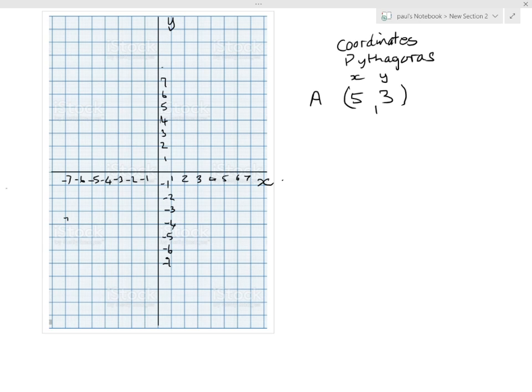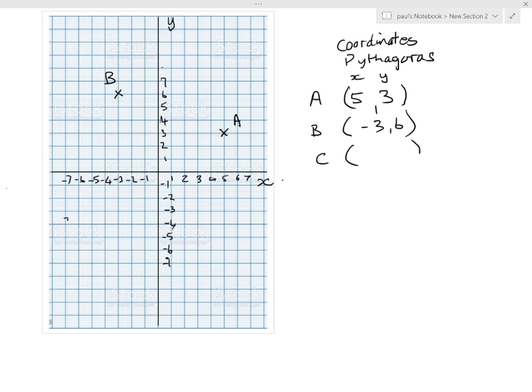So what we need to do to find out where this is on our grid is look along the x till we get to 5 and then go up till we get to 3, and there is where A is. And B, minus 3, 6. So we look along the x till we get to minus 3, and then we go up to 6, and that's where B is. We do one in each quadrant.